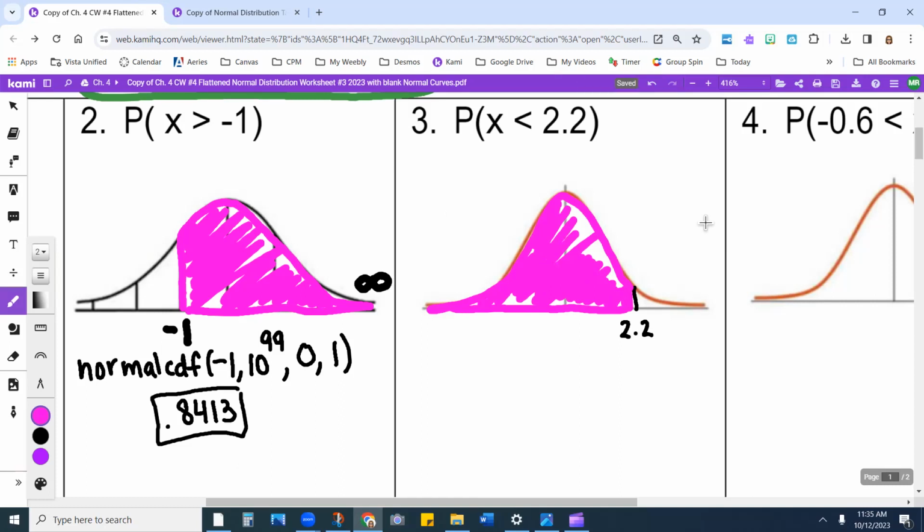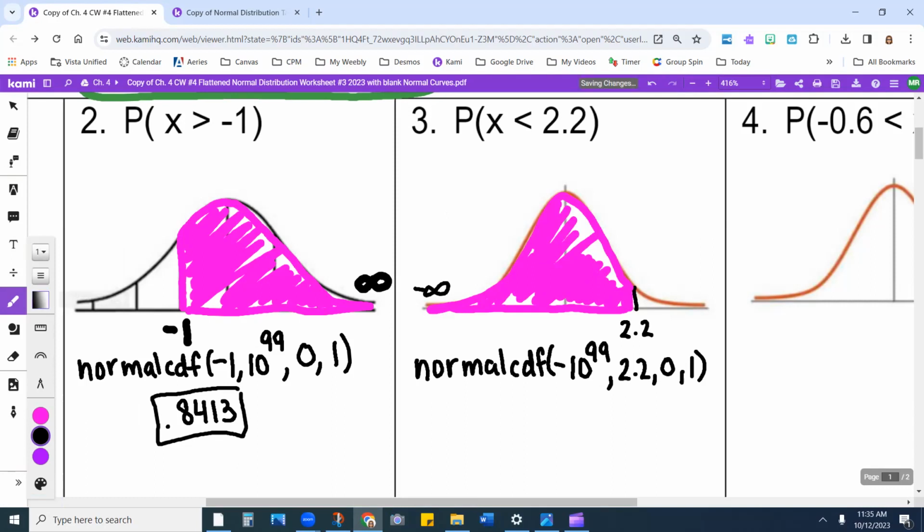And so what we're going to do is a normal CDF. And our lower bound is going to be -infinity. So I'm going to do that as -10 to the 99. My upper bound is going to be 2.2. My mean is 0 and my standard deviation is 1.